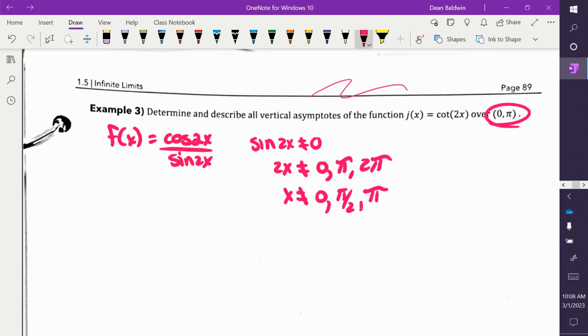Yes? Okay, so we have to look at, are we going to positive or negative infinity from each side? So this isn't going to be fun. We do the limit as x goes to 0 from the positive side of cos 2x over sine 2x. And you have to do it for the negative side as well.